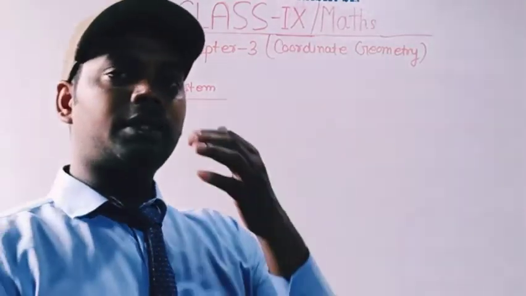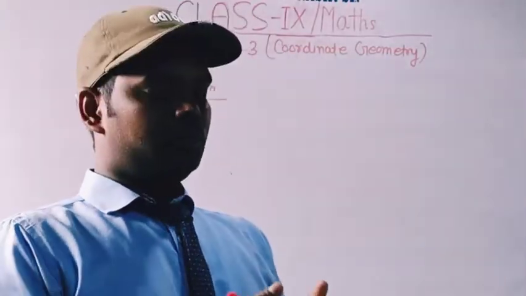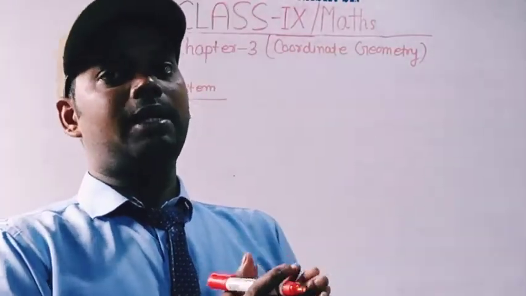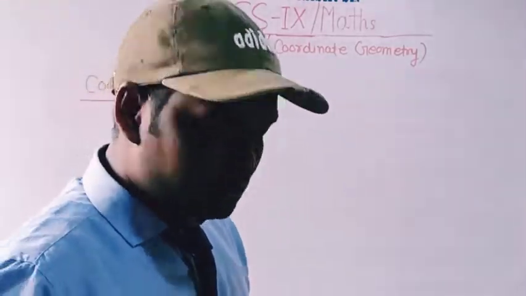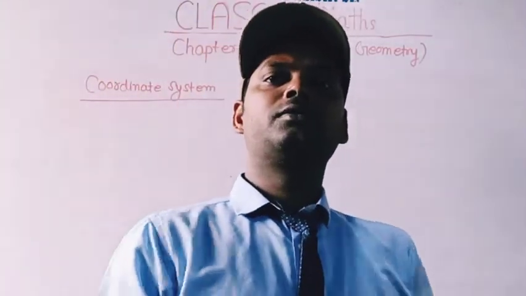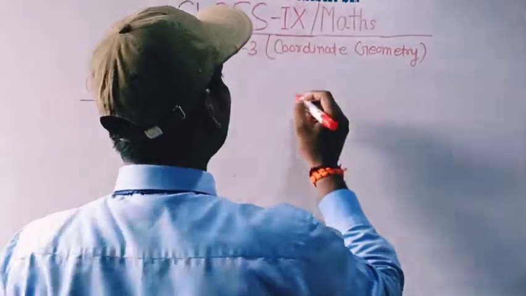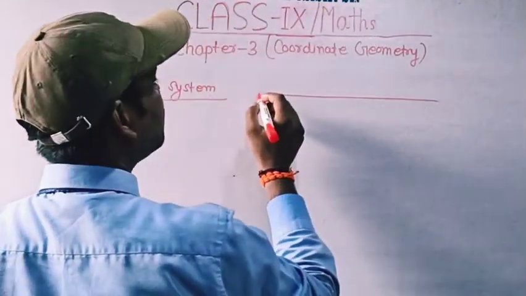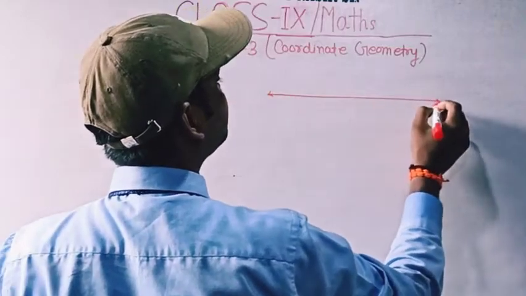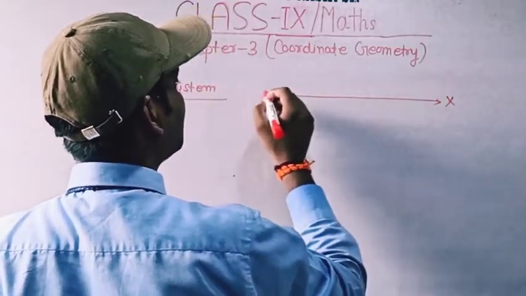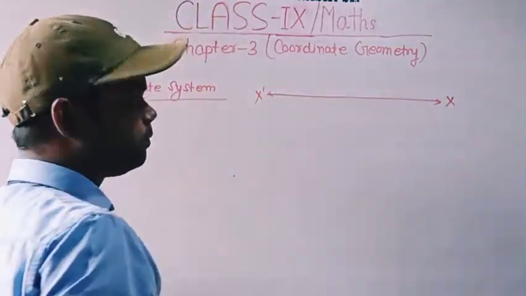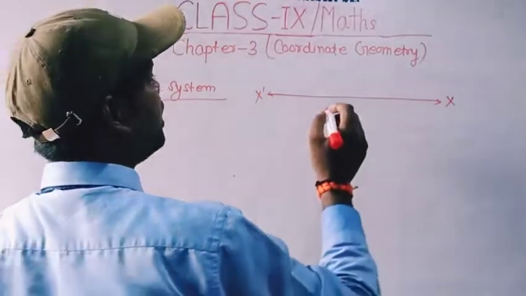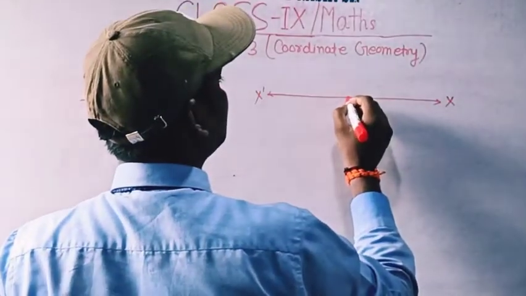So let us consider two number lines. One is horizontal and the other is vertical. The first is the horizontal line whose name is x dash, and mark points at equal intervals.